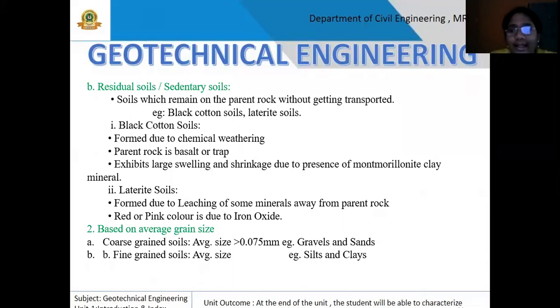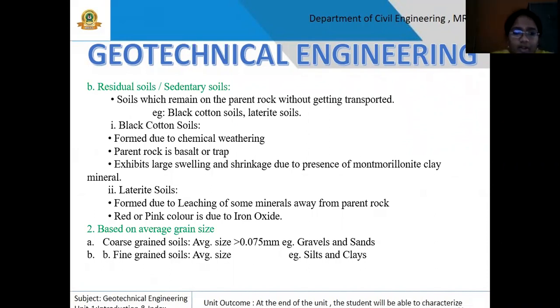If you remember, clay has different kinds of minerals like montmorillonite and illite. Black cotton soils have montmorillonite clay mineral, and because of that they have the property of swelling and shrinkage.